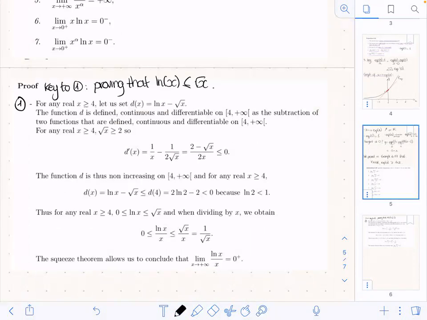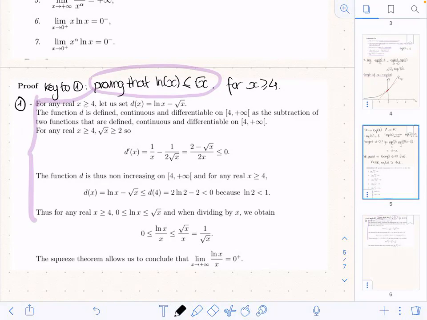That's basically the first step to this proof, and doing that is what we do in this proof up till here. It's something that we prove for x greater than 4. It's not true when x is smaller than 4, but beyond that it is.